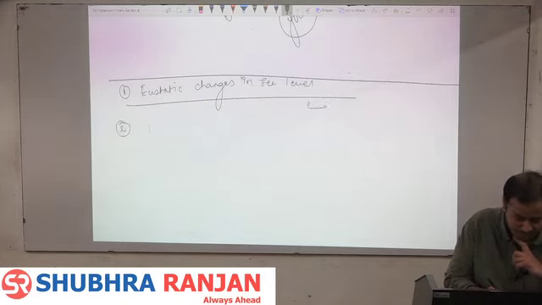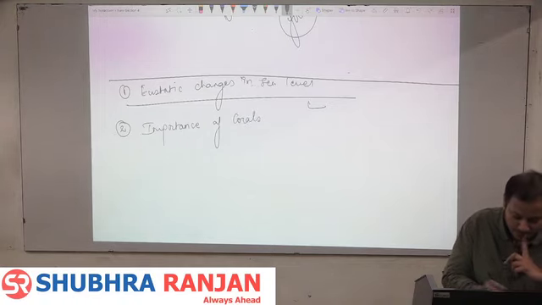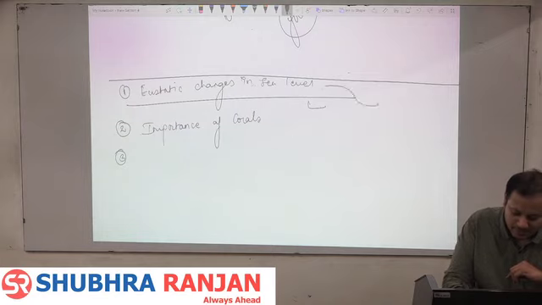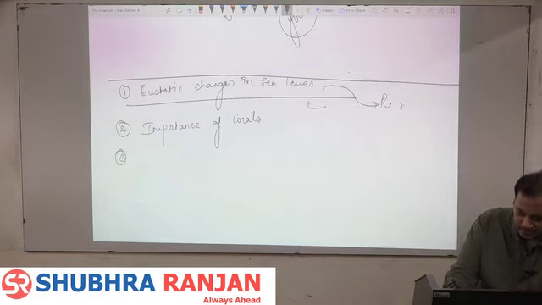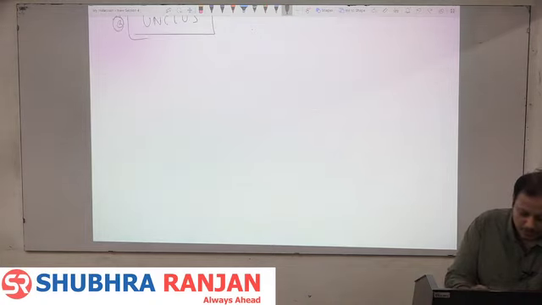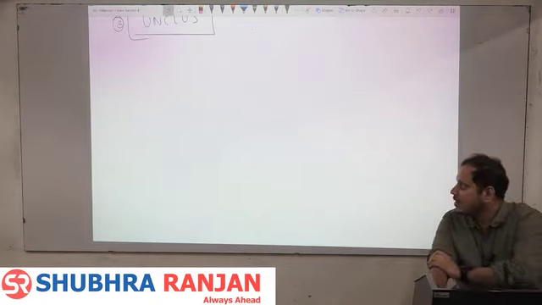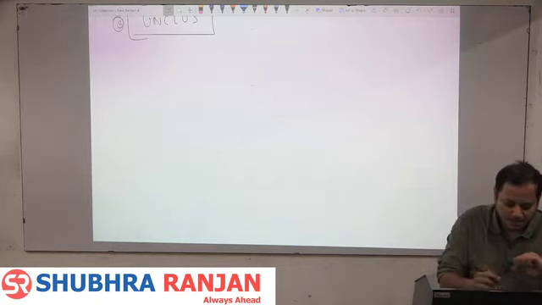Second is the importance of corals. Third, we had a discussion on the rising sea and the sinking cities, and the third is UNCLOS, United Nations Convention on the Law of the Sea.